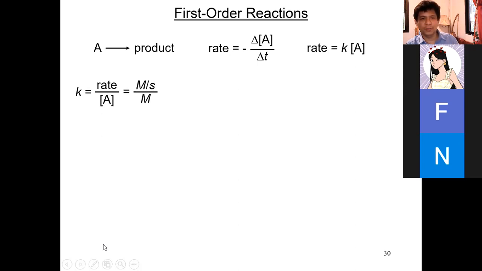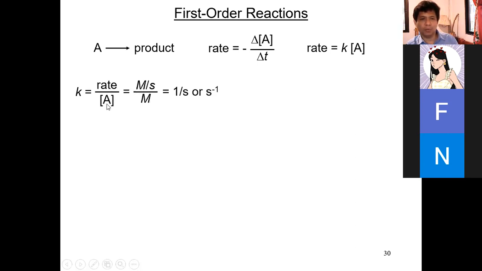Okay, so anong unit ng K, ng rate constant pag first order? Palaging ang rate ay molarity per second, as I mentioned before. So, pag dinivide niyo siya ng concentration ng A, which is molar, ang unit ng rate constant pag first order ay per second or s^-1. Pwede niyong tandaan yan o pwede niyong intindihin kung paano kinukuha yung unit ng rate constant. Lagyan niyo lamang palagi ang unit ng rate, molarity per second.